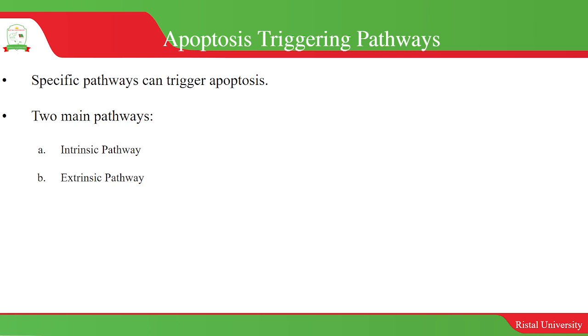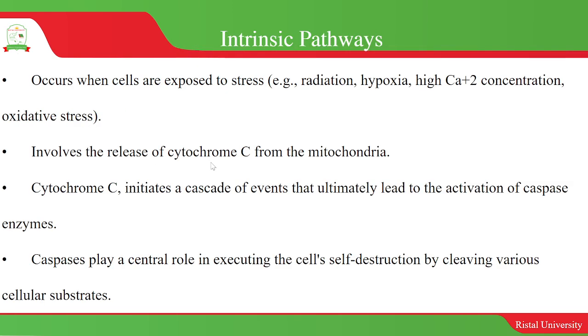So apoptosis happens in two major pathways. It can be intrinsic or extrinsic. We are going to look at each of these. When we talk about the intrinsic pathway, we are referring to the cell initiating its own death as a result of either being exposed to radiation, hypoxia, that is low oxygen, or even high calcium concentration, or oxidative stress.